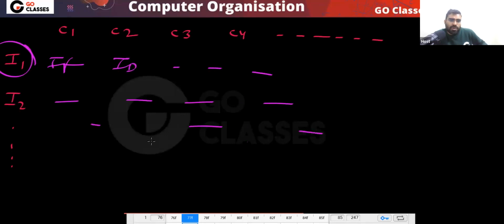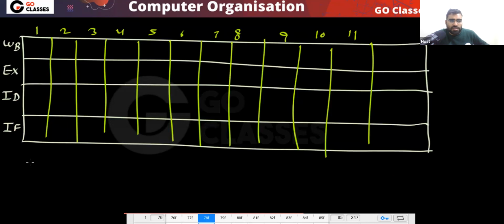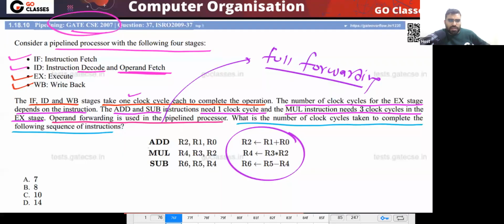That is also fine, but I prefer the next one. So I will be solving the question on this grid that you can see.